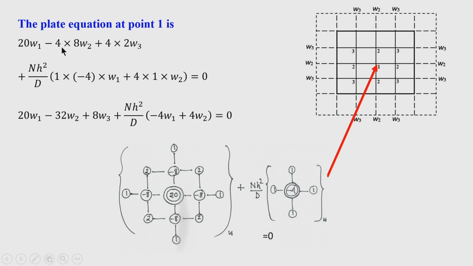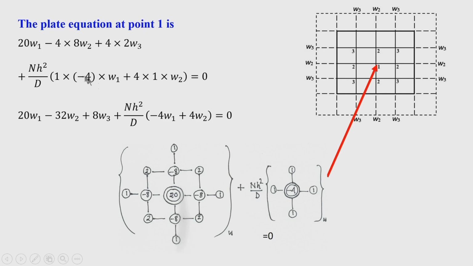So, 4 into minus 8 W2. Then the other nodes, W3, W3, W3, W3, so 4, and the coefficient of this node is 2. Therefore, 4 into 2 W3 we have written for the plate, and the other nodes with coefficient 1 are falling on the boundary, so they are not appearing here.